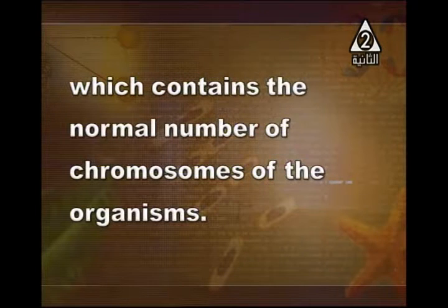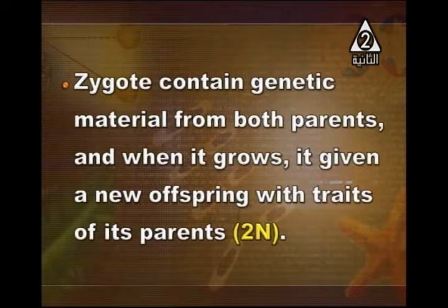The zygote contains the normal number of chromosomes of the organism. It contains genetic material from both parents, and when it grows, it gives a new offspring with traits of its parents, 2n.